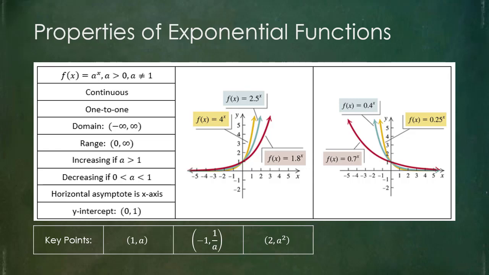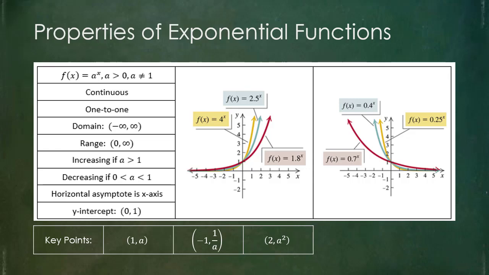However, it never dropped below the x-axis, so my range would actually just be from 0 to infinity, where I make sure I don't include 0 because it never actually would touch the x-axis. When the base was greater than 1, it would be an increasing graph, whereas anytime it's a proper fraction or a number between 0 and 1, it would be decreasing on the entire graph.